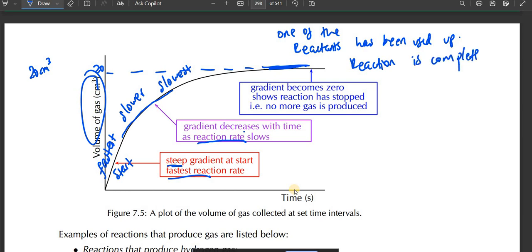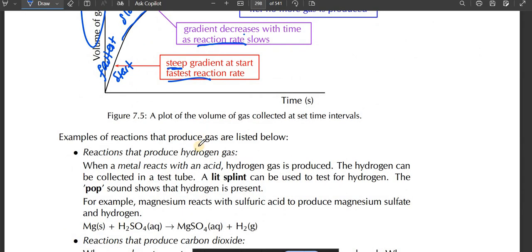Okay, the reaction is complete at this part here. So no more gas is being produced. But when it starts, it is the fastest, and then it becomes slower and slower and slower, right? So this is why they try to explain here, guys.